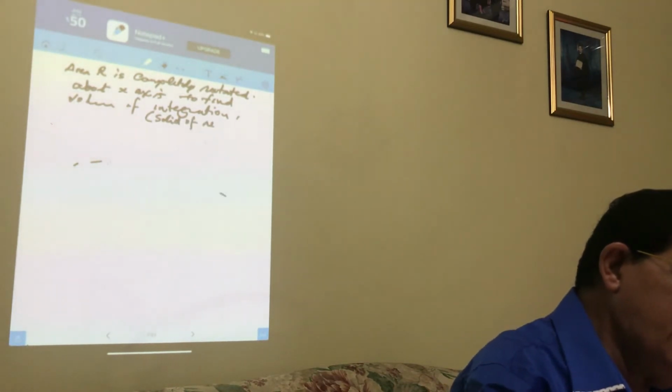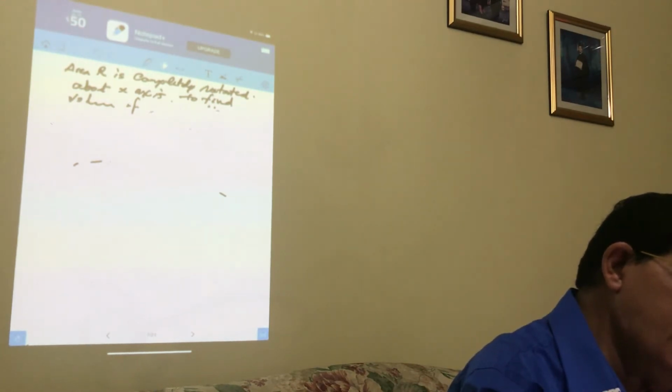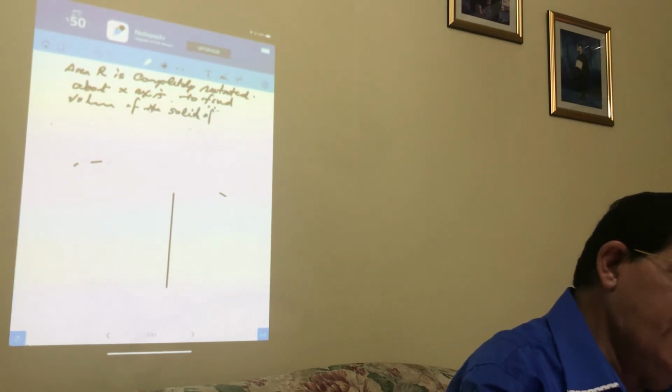Right, this is the correct wording. It says find the volume of the solid of revolution.